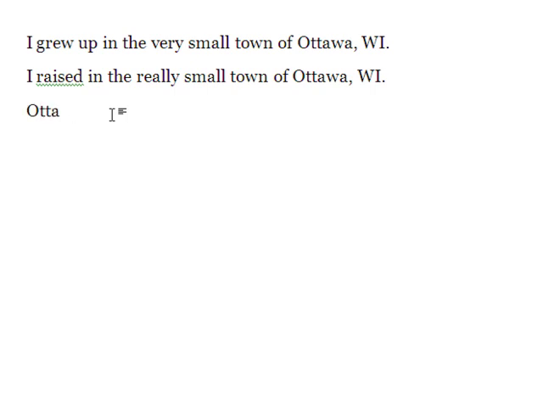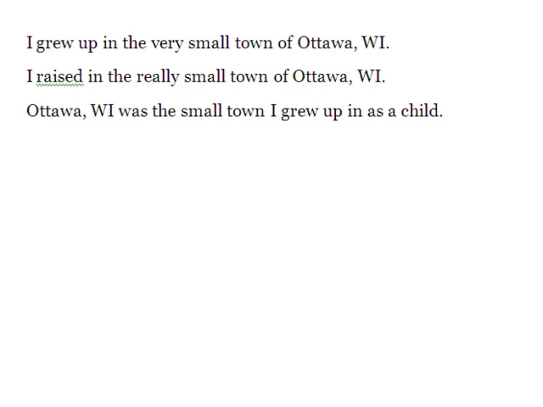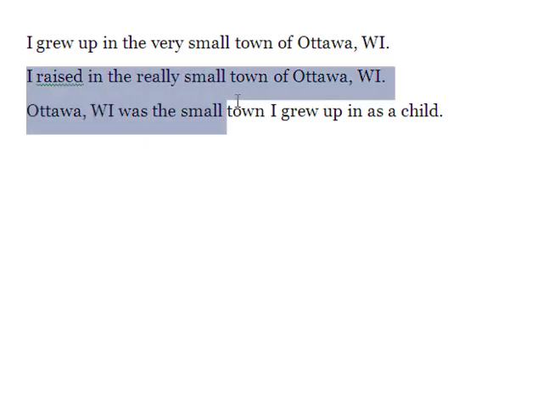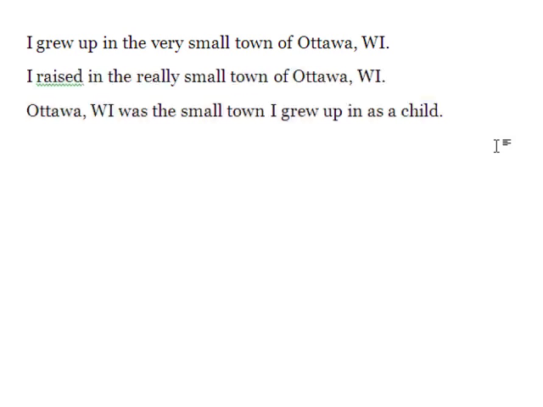Or, Ottawa, Wisconsin was the small town I grew up in as a child. So there are three different ones I could write there, and you can write all these sentences frontwards, backwards. That's really up to you, but I'm just going to go with the first one. It's simple.